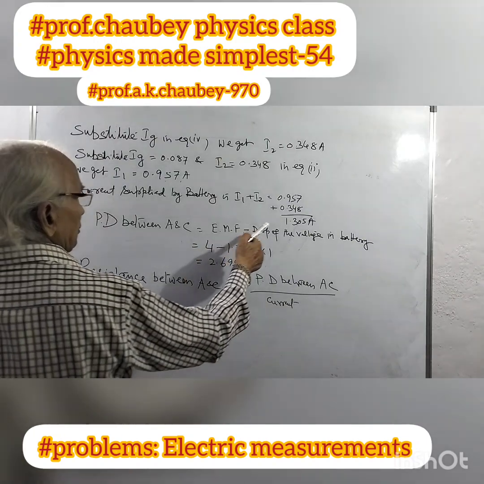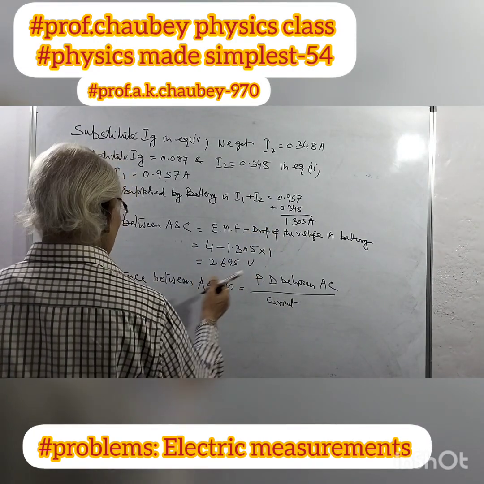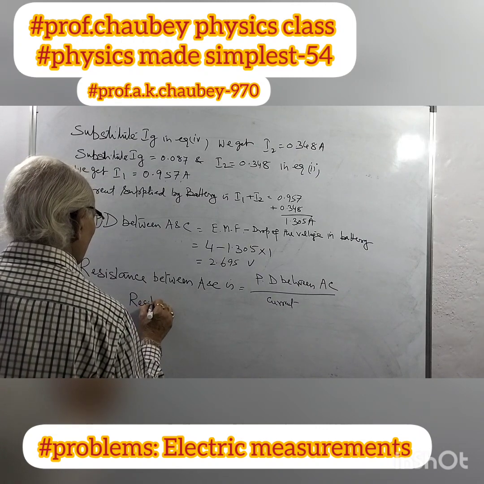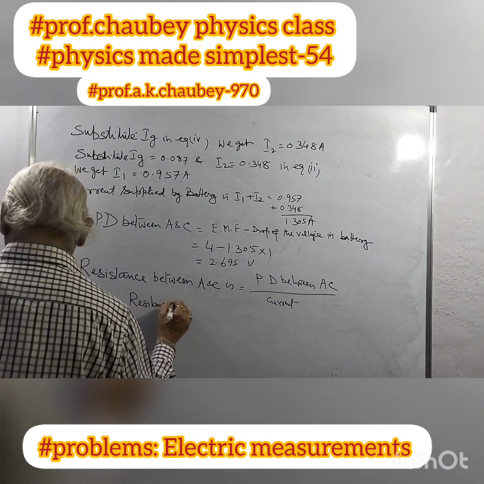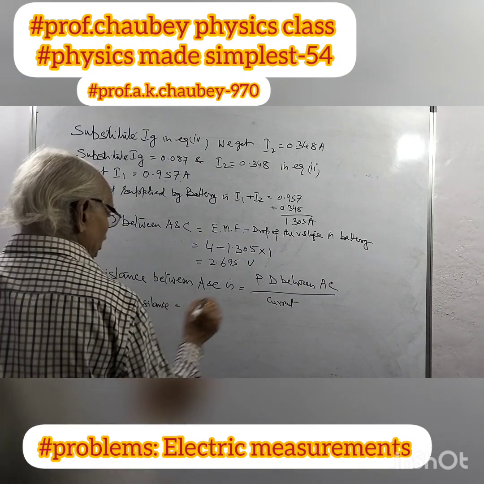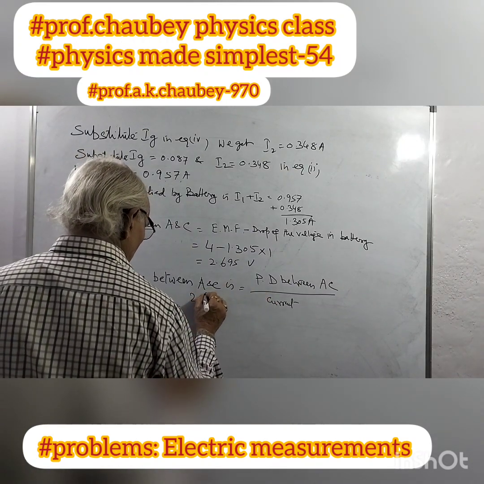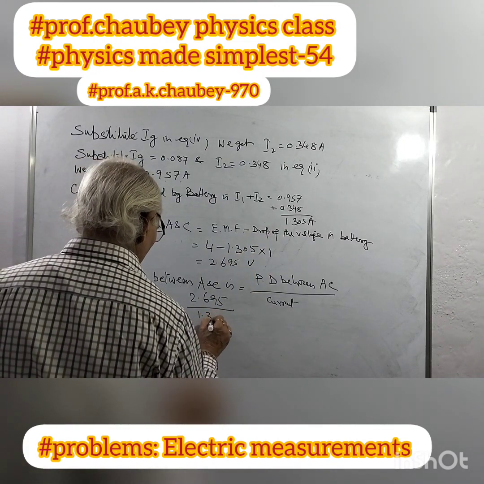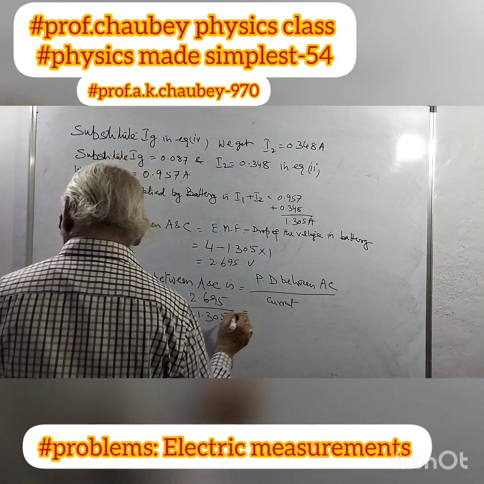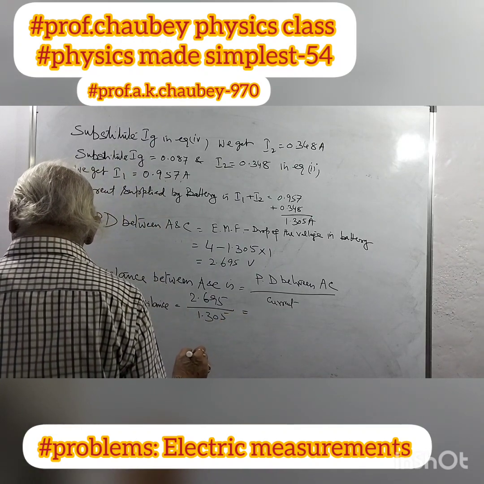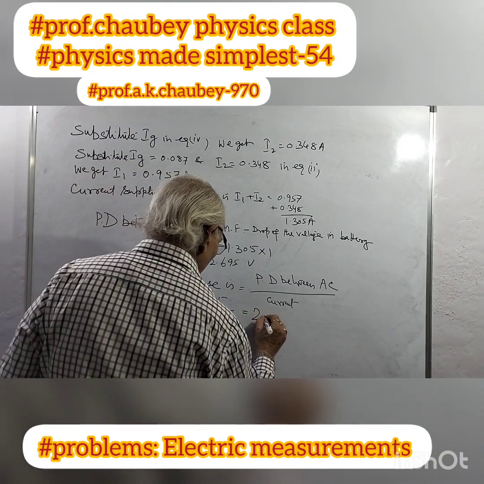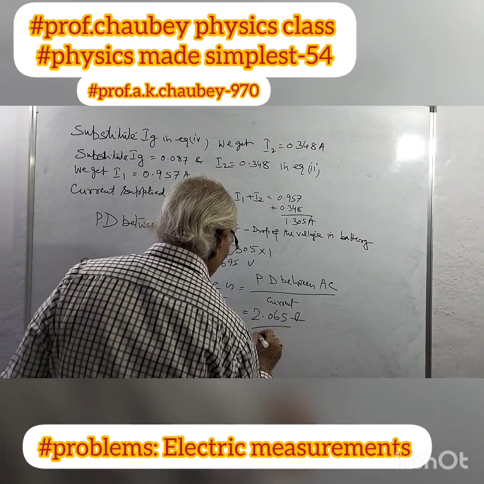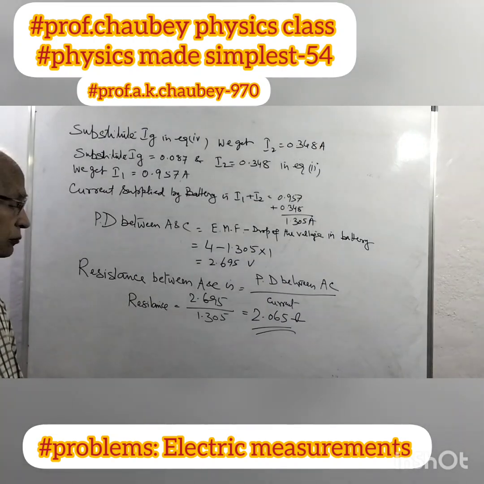So current we have this, PD we have this. Across AC it will be 2.695 divided by the current 1.305. So the resistance becomes 2.065 ohm. So this is the answer of the problem.